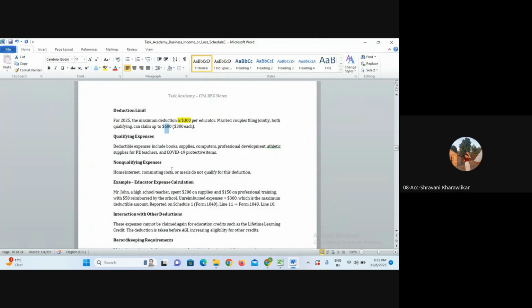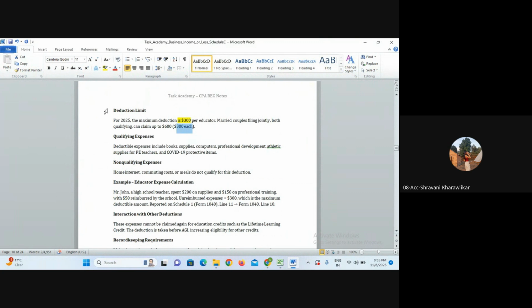But ma'am, if the spouse is not an educator, then is it allowed to deduct from the spouse? No, no. For each, $300 is the limit. If the spouse is not an educator, then there is no problem at all. You can deduct your part only.